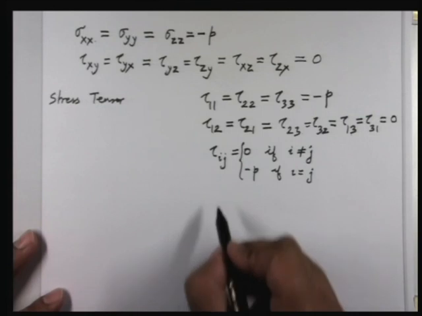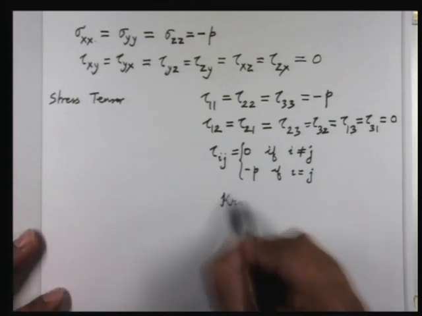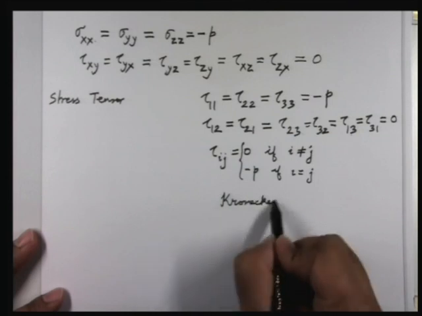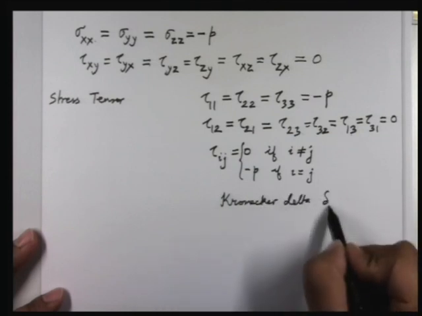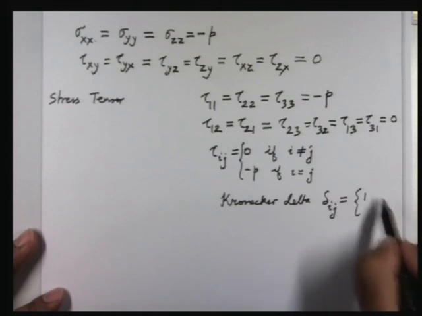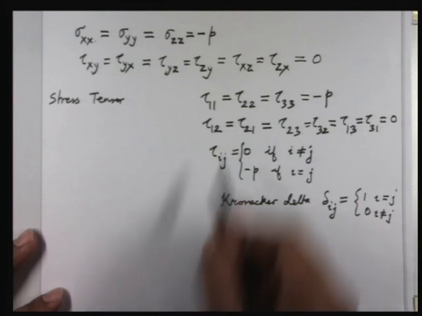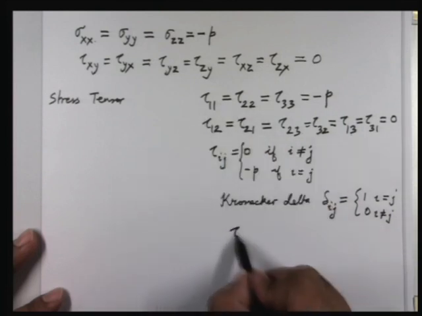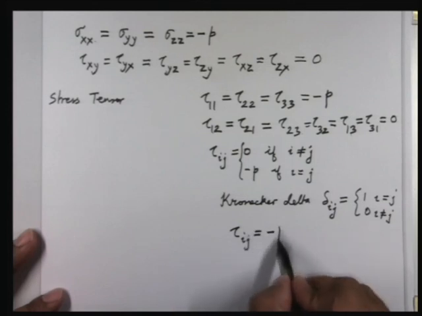Now there is a standard term called the Kronecker delta. You denote it by delta ij, which is 1 if i equals j, and 0 if i is not equal to j. So you see that I can write this in one line as tau ij is equal to minus P into delta ij.